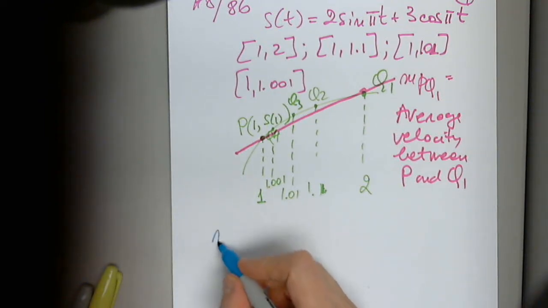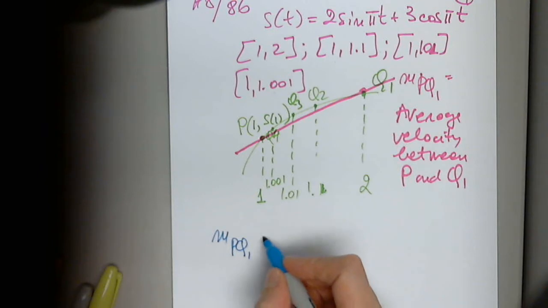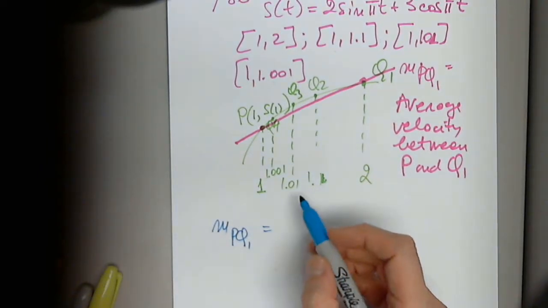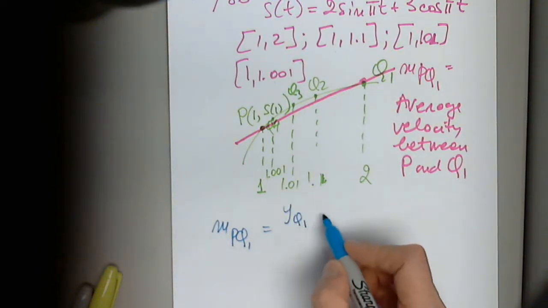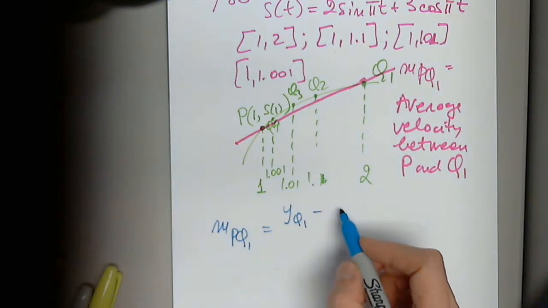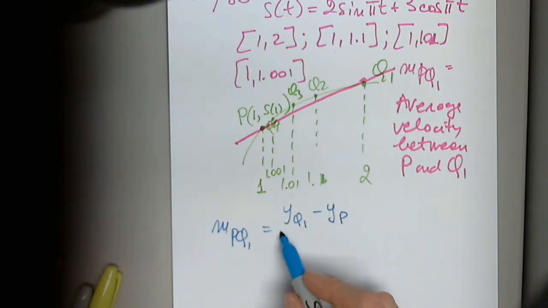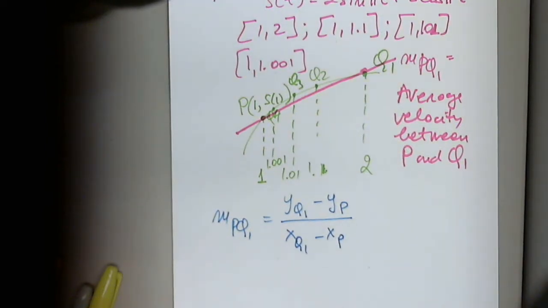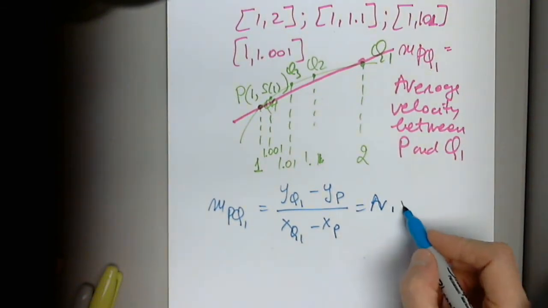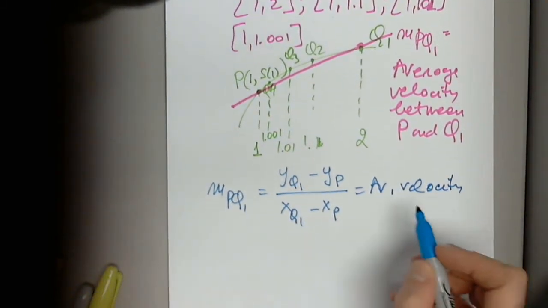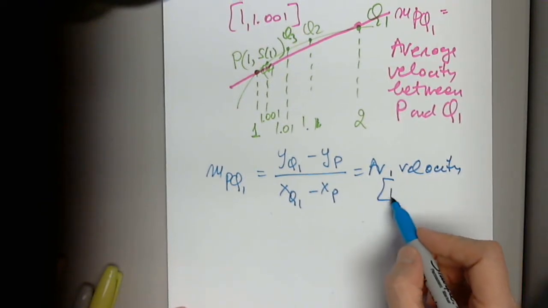So MPQ1 will be y of Q1 minus y of P over x of Q1 minus x of P. And this is the average velocity between 1 and 2.